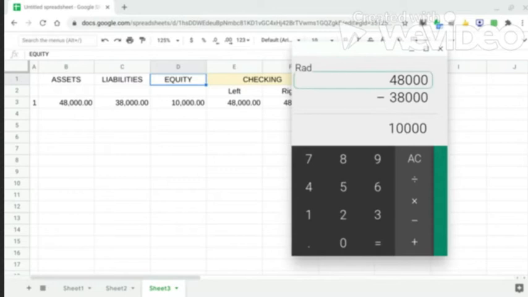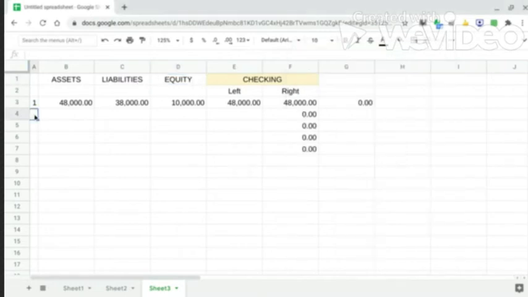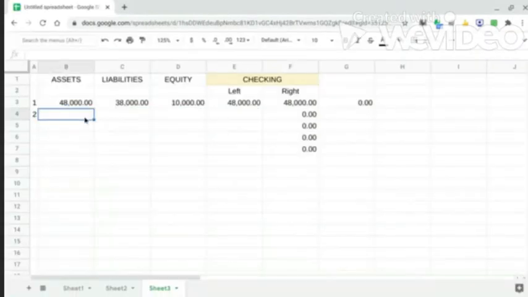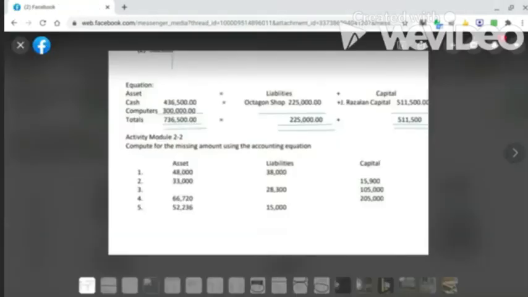for number 2, we have assets of 33,000 pesos. And the other given is a capital or equity of 15,900 pesos. So let's see how much is the difference.